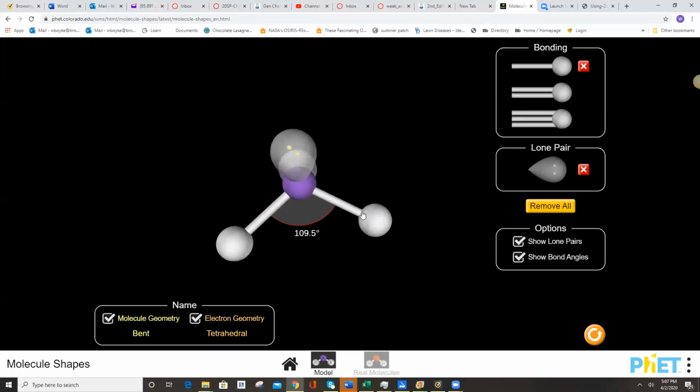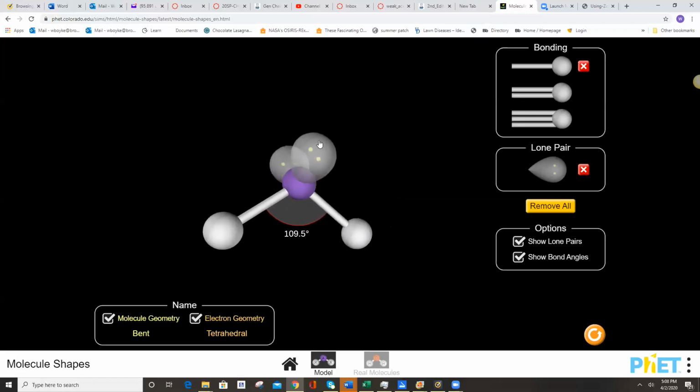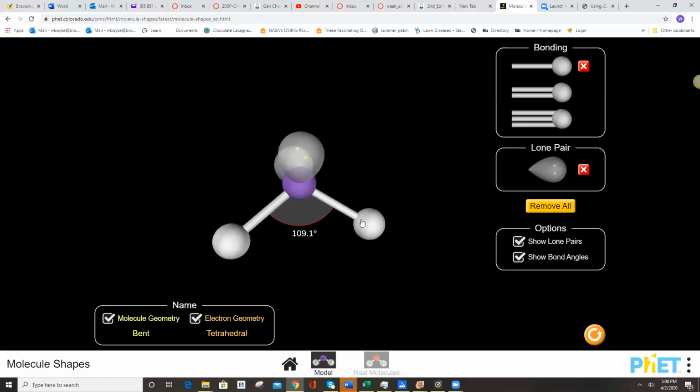We want to decide, is this polar or non-polar? So again, we're looking at the poles. Which things are actually going to pull? We're looking at the pull of the outer atoms on that central atom. Well, here, my outer atoms are the same, but they're not spaced equally apart. It's not 180 degrees apart. It's 109.5 degrees apart. So as a result, there will be a net pull.